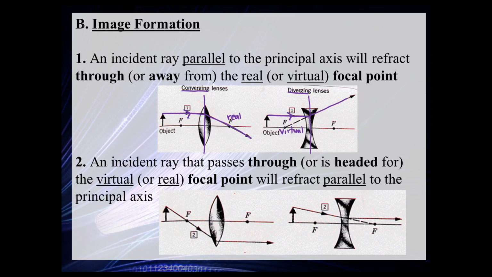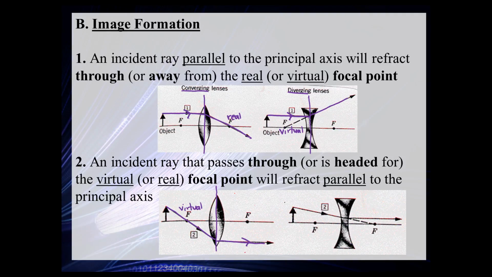Okay, so let's look at this. We have our converging or convex lens. This one tells me an incident ray that passes first through the virtual focal point will refract in a direction that is parallel to the principal axis.